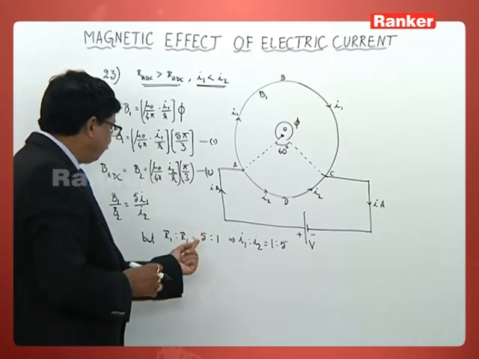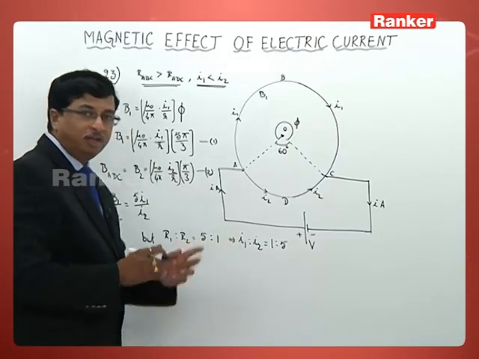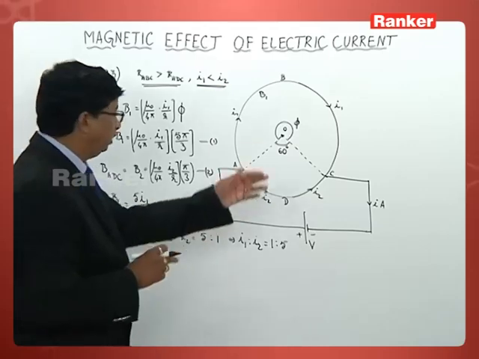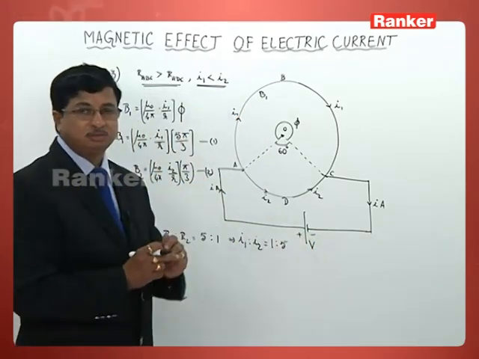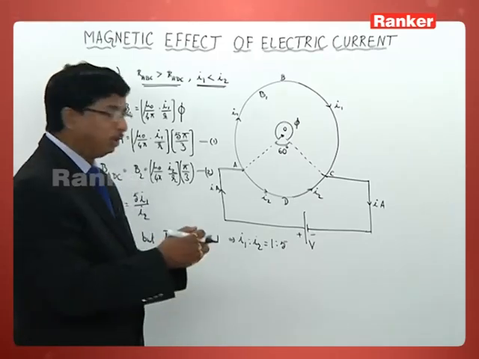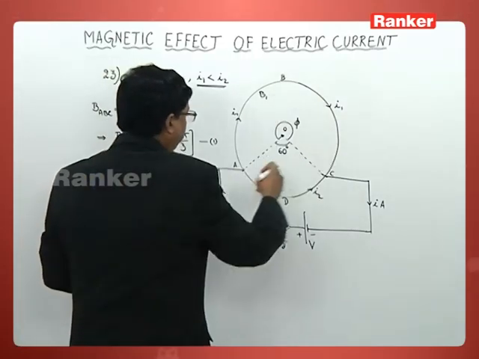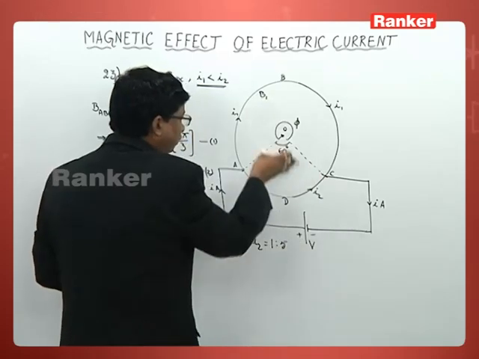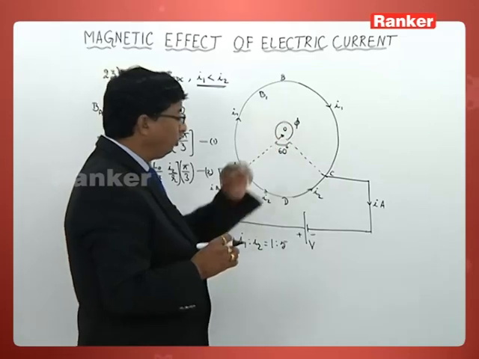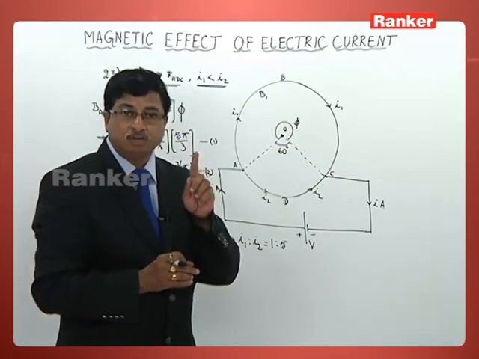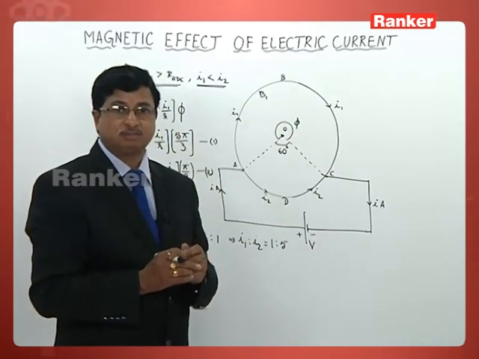So you can certainly understand resistances and currents are inversely proportional to each other when potential difference remains constant. Here you can all understand this portion and this portion, these two resistances are connected in parallel. In a parallel circuit of resistances, potential difference remains constant.